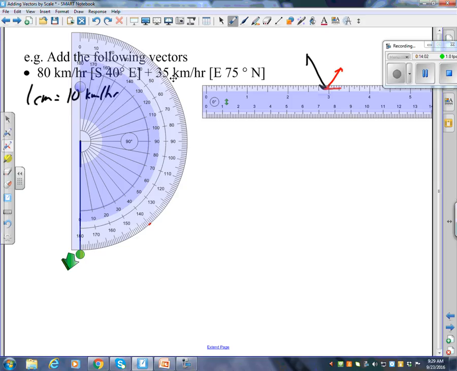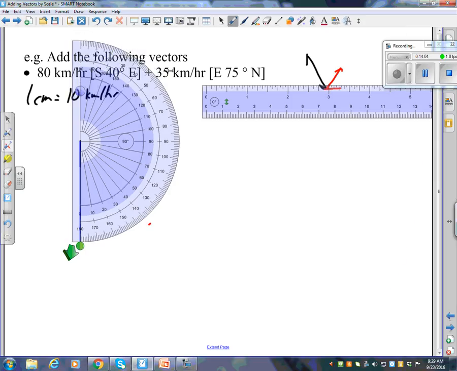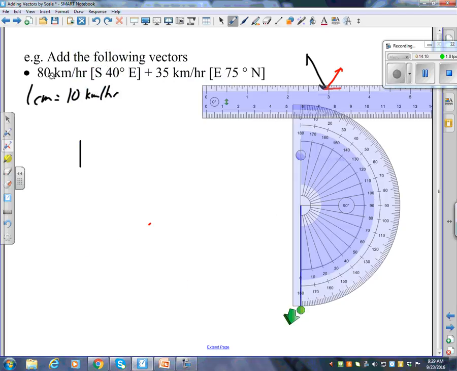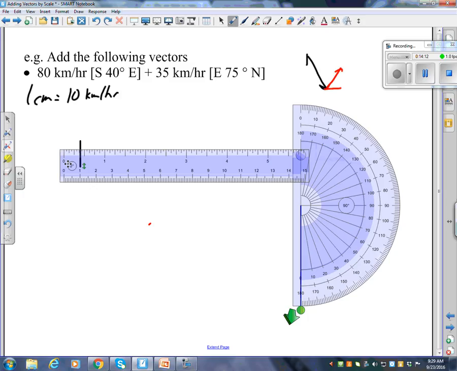How long do I draw the line? Come on, you. 80 kilometers an hour, so I'm going to go 8, right?